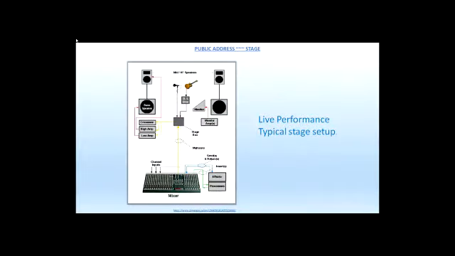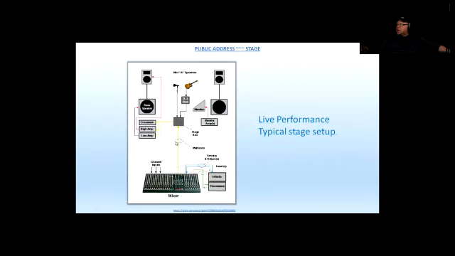Now, when we are dealing with digital signal transmission, remember, if this is a digital stage box right here, we're not having 16 channels, one wire or one cable per channel.